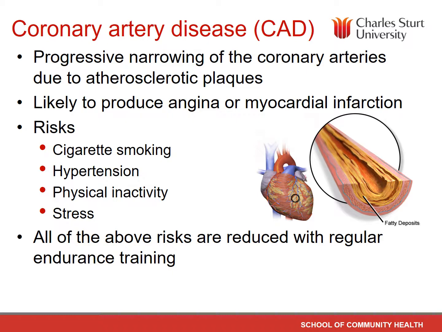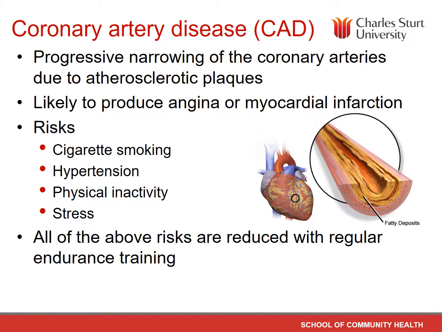So risks include cigarette smoking, hypertension or high blood pressure like we looked at before, physical inactivity, so not being able to get that blood flow going around the body and all the benefits that go along with physical activity, so you don't have the stretchiness or compliance of those vessels, and also stress is one of the leading risks.